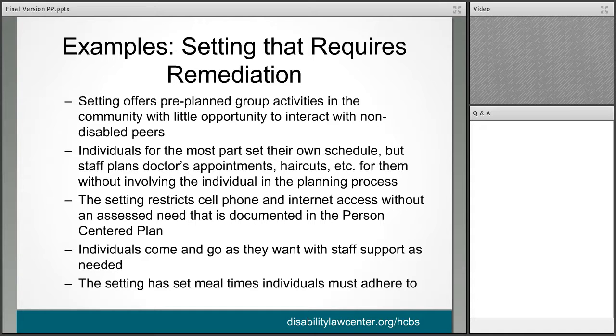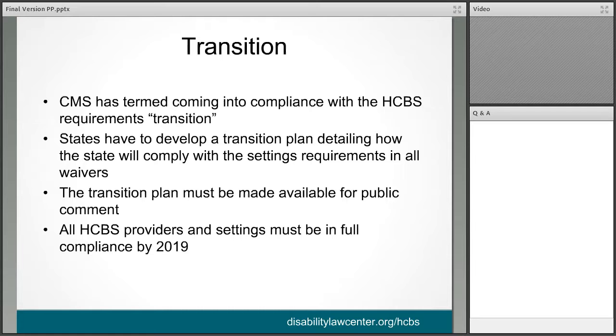A setting might offer pre-planned group activities in the community with little opportunity to interact with non-disabled peers. Individuals might set their own schedule most of the time, but there might be certain things that aren't individualized. So staff might plan doctor's appointments, haircuts, or other appointments for an individual without really including that individual in the planning process.